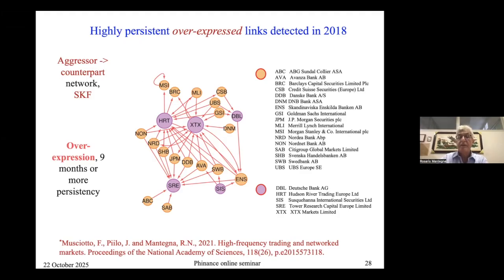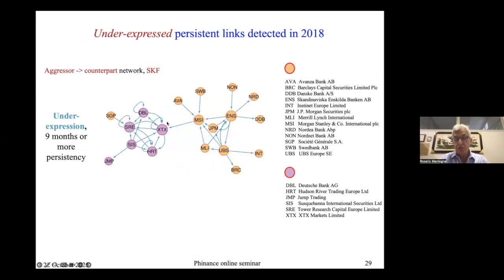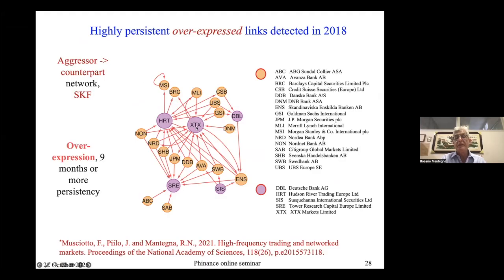Here I'm highlighting the network, describing each market member in terms of their tick symbols, which are these three-letter codes, and here are the names of the different market members. The stock that we analyzed was SKF in Stockholm, in the Stockholm venue of the Nordic Nasdaq.